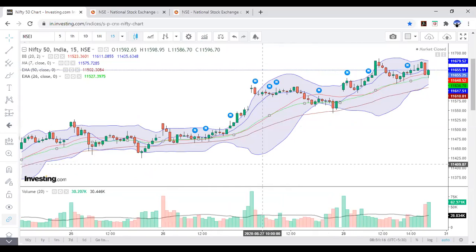Now you can check here. Moving averages are also supporting and the Bollinger Band gives the breakout. Then it is a very good risk reward that you got.